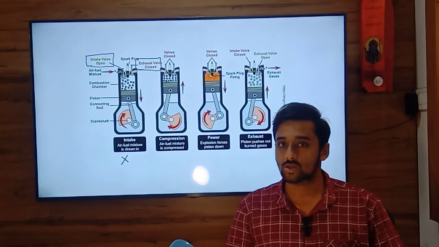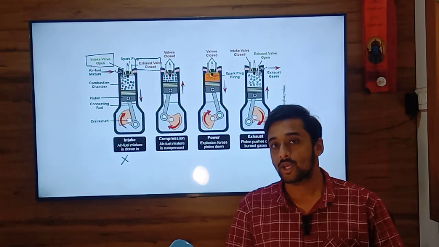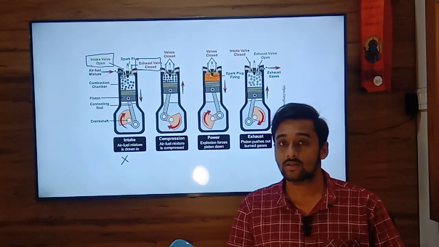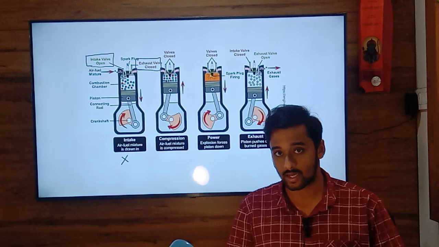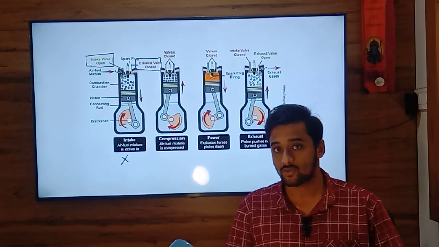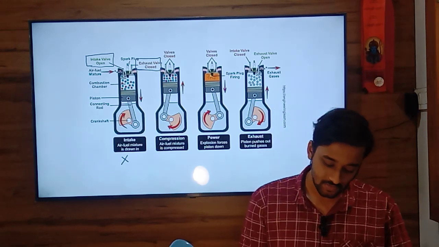Now let's take the next stroke, compression stroke. In the compression stroke, what happens? Your intake valve, which was open in the intake stroke, will now start closing. And the exhaust valve? It was already closed, so it will remain closed.